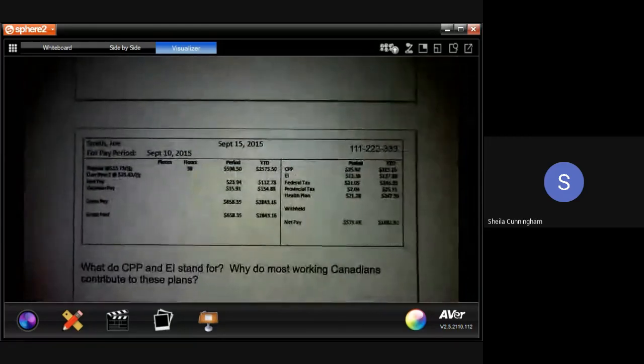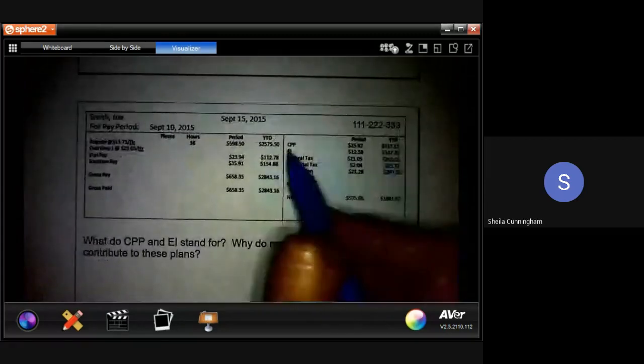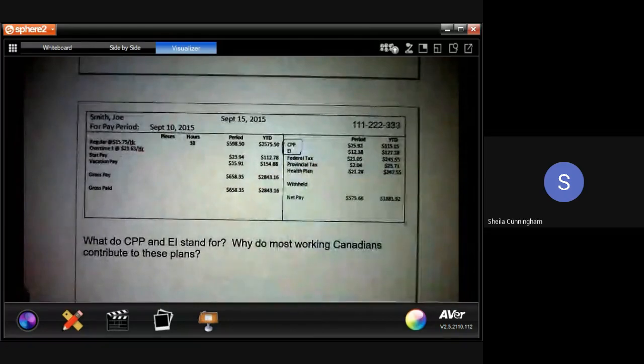Now, to get into some of those specific deductions, we're going to talk about CPP and EI. You'll notice these two pop up at the top of your deduction list. CPP is simply the Canada Pension Plan. Everybody pays into the Canada Pension Plan.